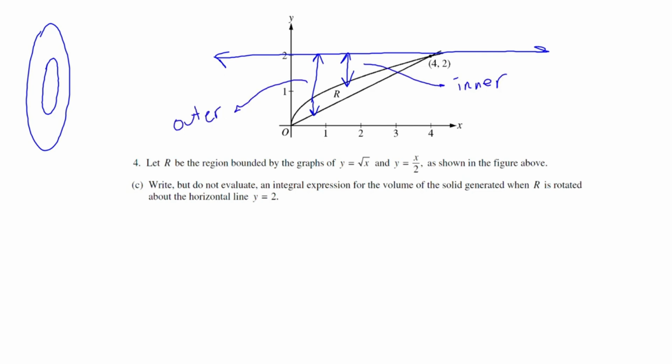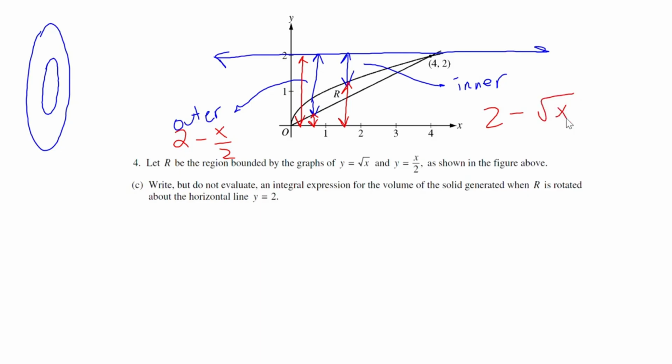Well, that distance is the entire distance of 2 units minus whatever the value of each of those functions are. So our outer radius is going to be 2 minus the lower function, which is x over 2. And our inner radius is going to be 2 minus the upper function, which is root x.